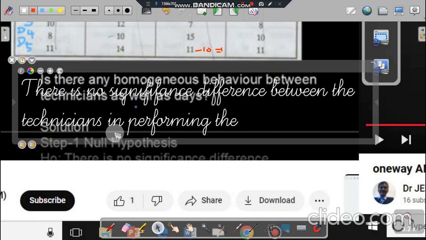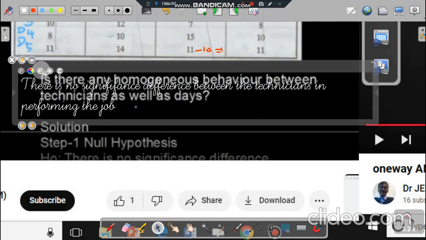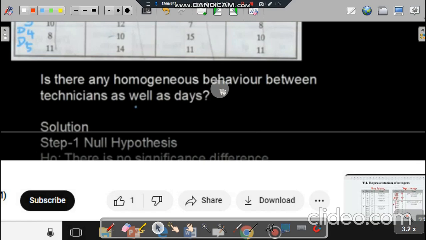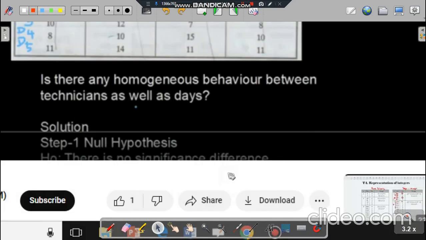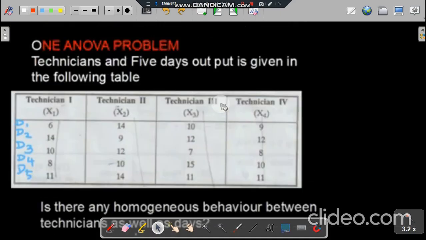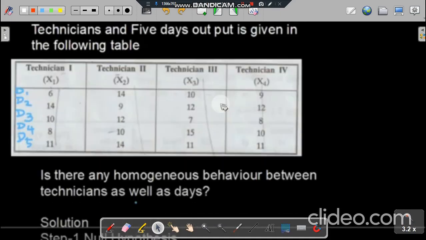So that's the way. There is no significant difference between the performance. Okay, so that's what we have got. We got the answer for this problem. So this is the way we can do one-way ANOVA.